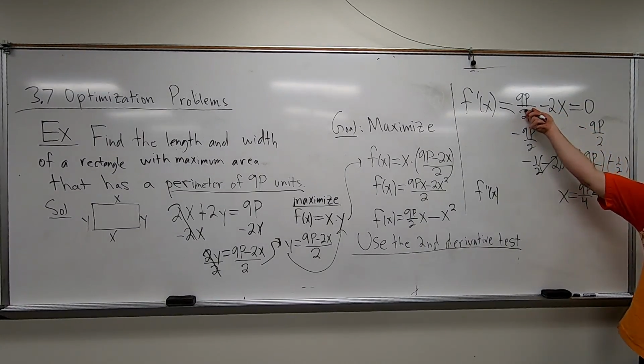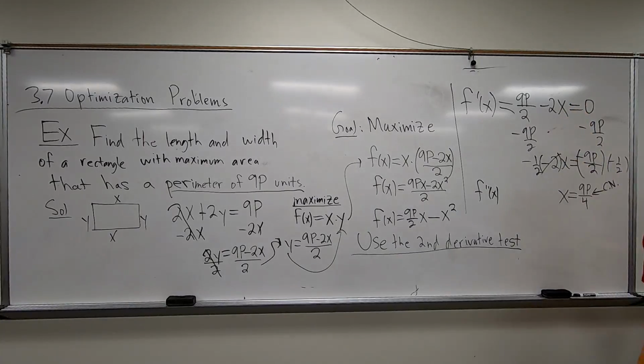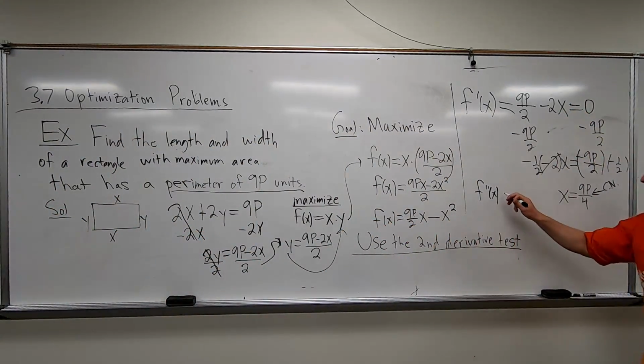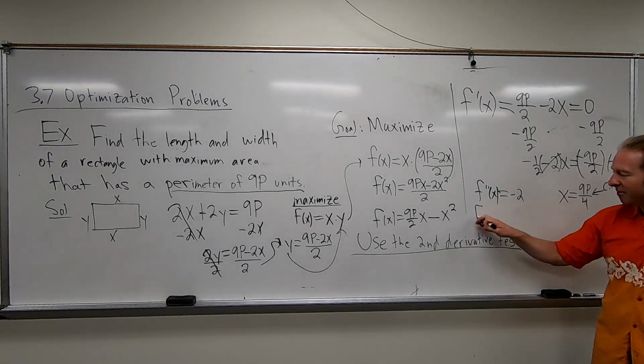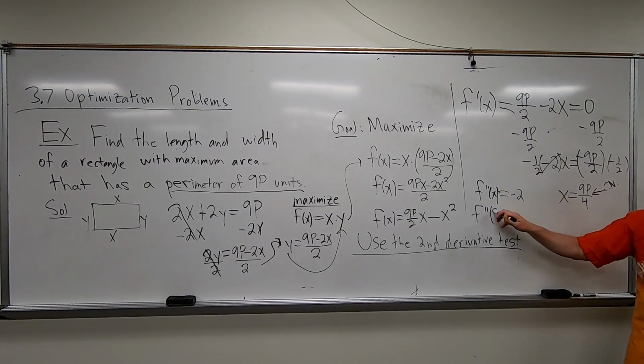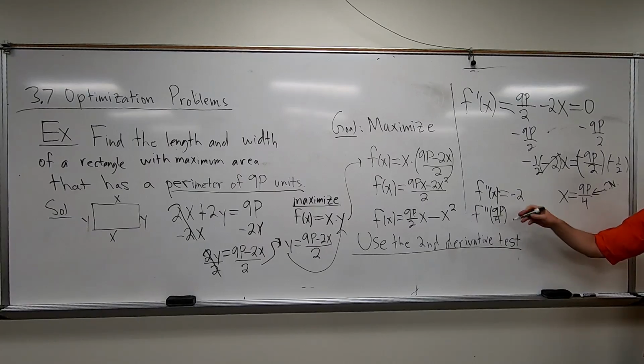This derivative is 0 because it's a constant. What's the derivative of -2x? -2, this is -2. This is going to seem ridiculous, but sometimes it's good to be ridiculous. F double prime: now you plug in your CN of 9p over 4. If you plug it into this second derivative, nothing happens.